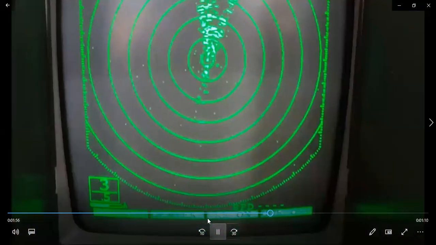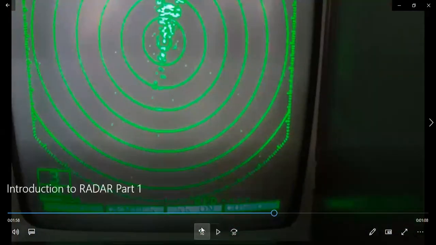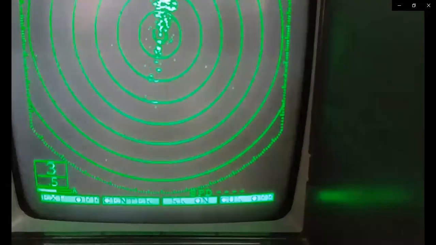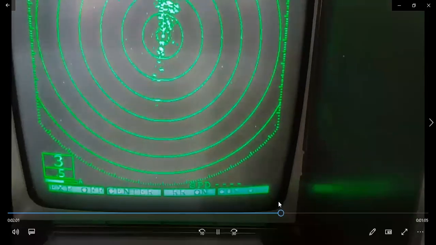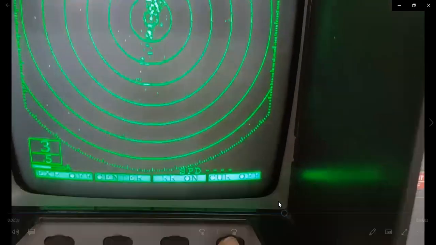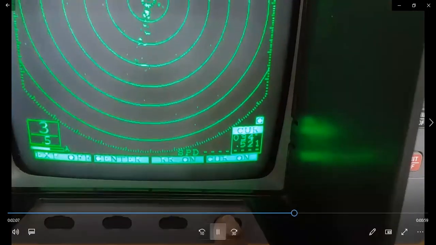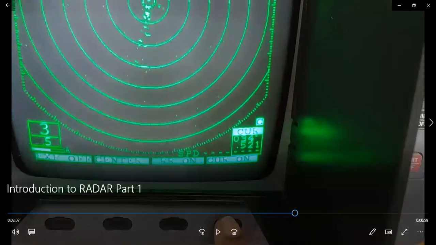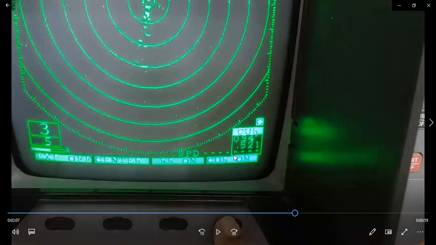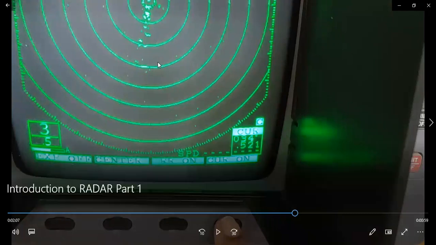Now the display is showing the position of the cursor.